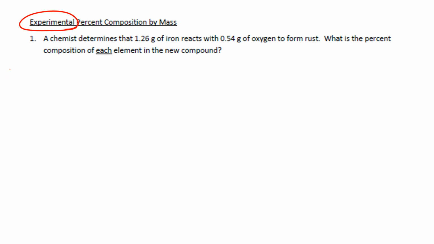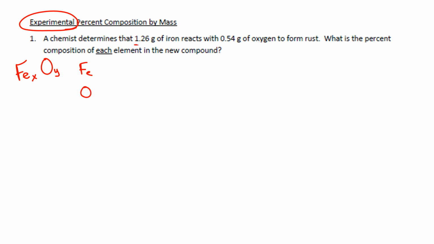So I know I have a compound that contains some ratio of iron and oxygen. My subscripts on this one, I don't know them, so I can't get a molar mass. So I have to find a different way to approach it. I know I have iron in it, and I know I have oxygen in it.